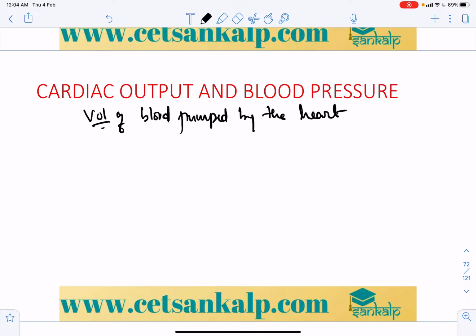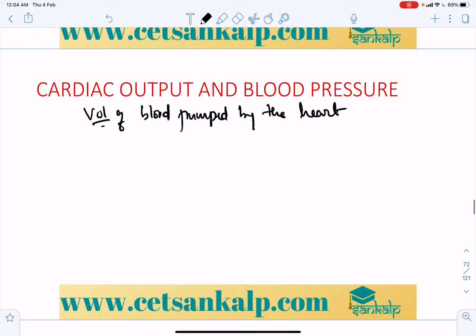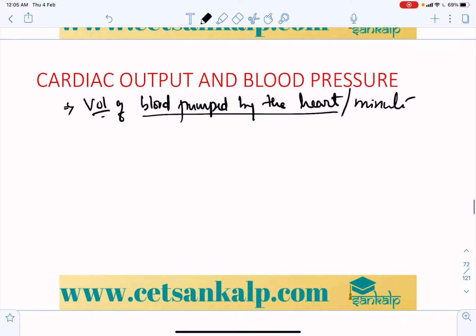When the systole occurs, the volume of blood pumped by the heart per minute gives the cardiac output. So cardiac output is the total volume of blood pumped by the heart per minute.